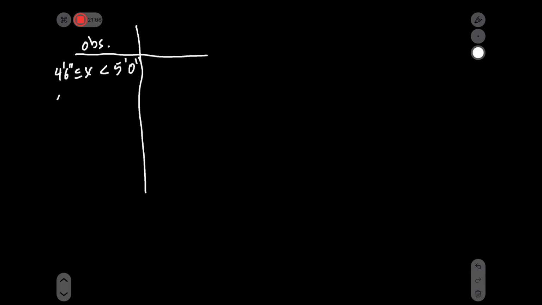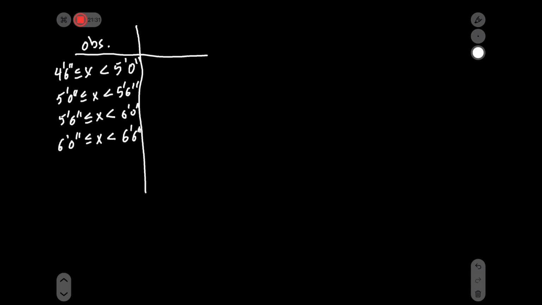Okay. From 5 foot to 5.5, from 5.5 to 6 foot, and from 6 feet tall to 6.5 feet tall.